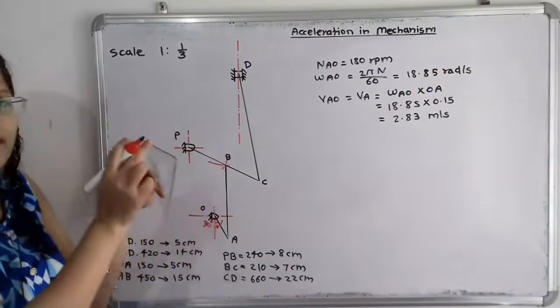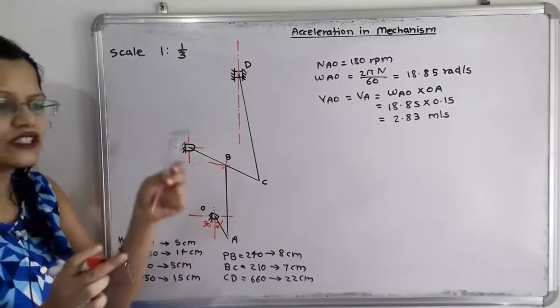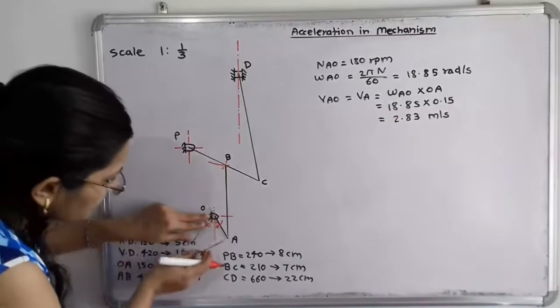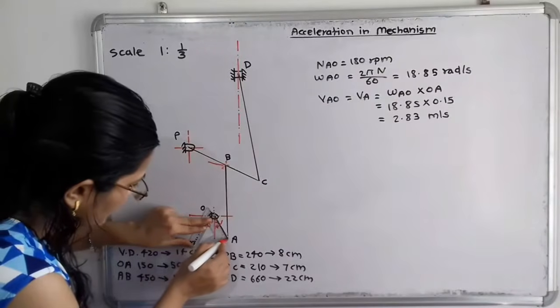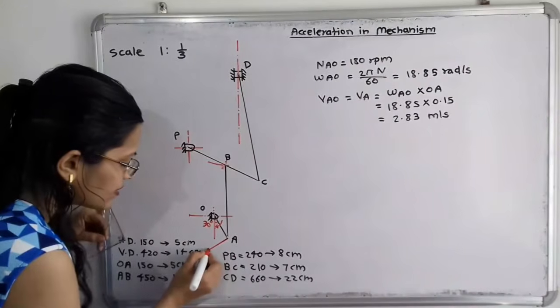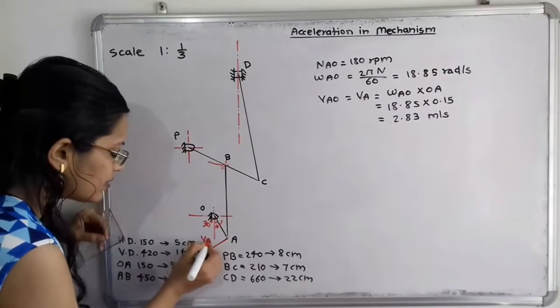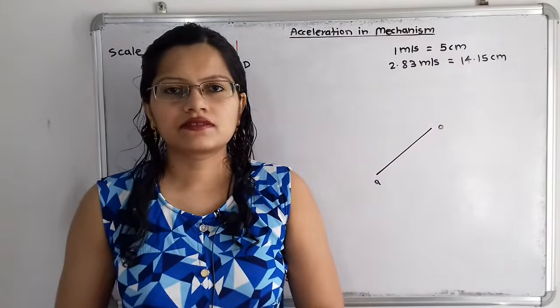I will align one edge with this link OA because these two edges are perpendicular to each other, and from the other edge I will draw a perpendicular line. So this is the perpendicular line and here is the arrow. It will indicate the velocity at point A with respect to O.